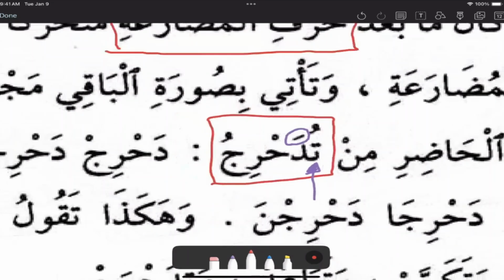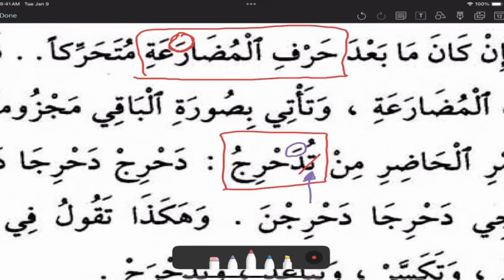Okay, but something else here too. Why he chose tudahrij with a ta? There are 4 mudari' letters. Why didn't he choose udahrij or nudahrij or yudahrij? Because tudahrij here is for anta.